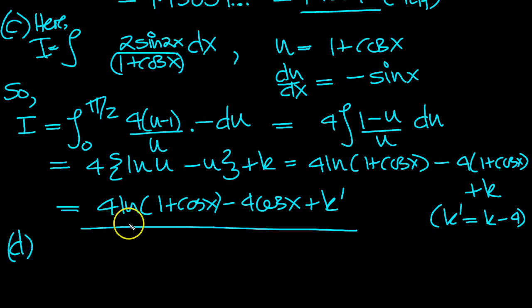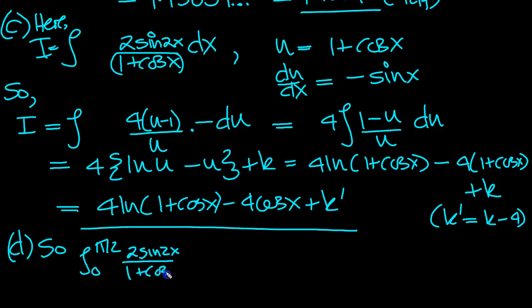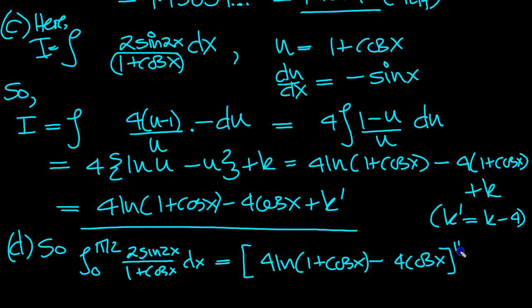So now the bounds, the integral between 0 and pi over 2 of 2 sine 2x over 1 plus cos x dx will simply be equal to this thing here, 4 ln 1 plus cosine x minus the 4 cosine x between pi over 2 and 0.